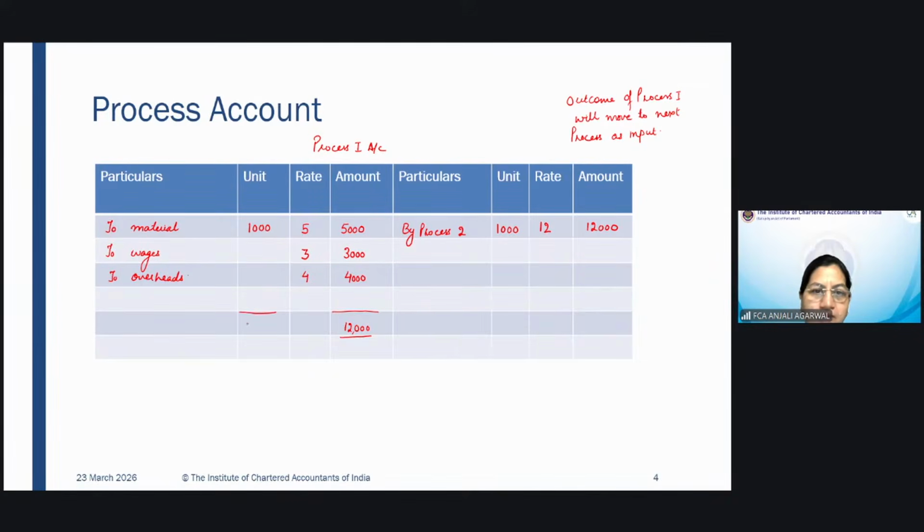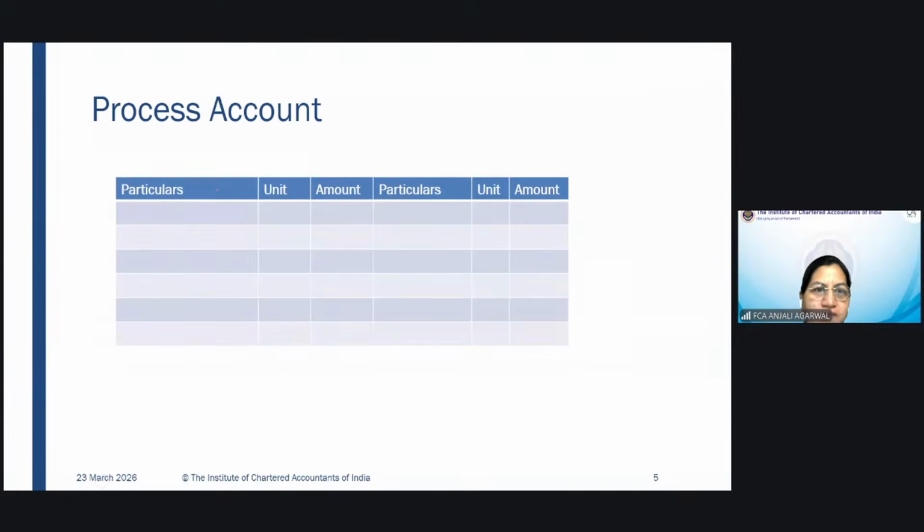Ensure that always the units will match with the units and the output amount should match with the amount. So this is how you write up a process account. Sometimes, however, you may not use the column of rate. In that case, you will simply have particulars, units, and amount.